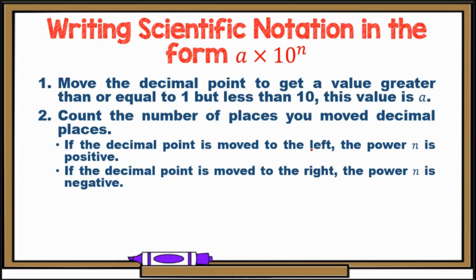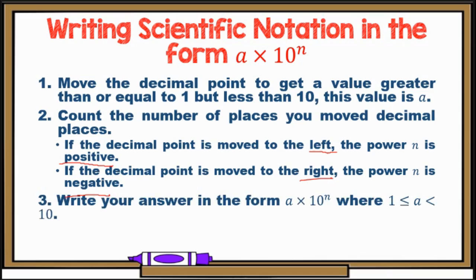I know that we often associate left with negative and right with positive. But in the case of scientific notation, when you write something from decimal form to scientific notation, you have to take note that when you move to the left, the exponent is positive. And when you move to the right, the exponent is negative.